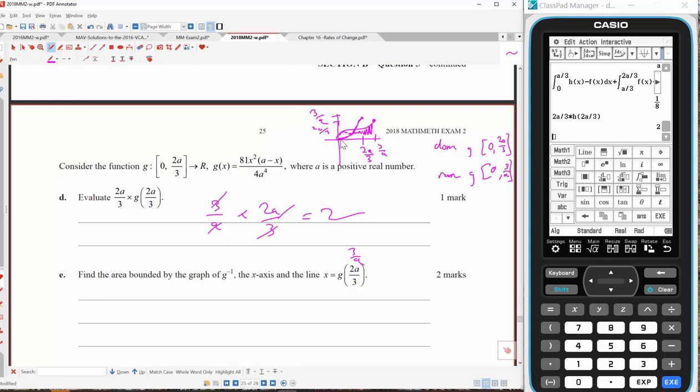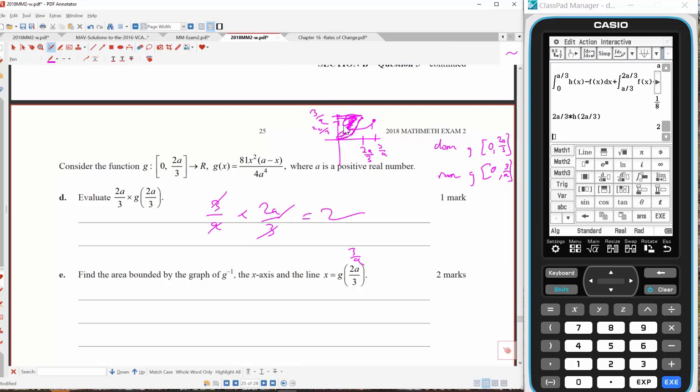If you understand what's going to happen, this area here will be exactly the same as this area here on the original function.